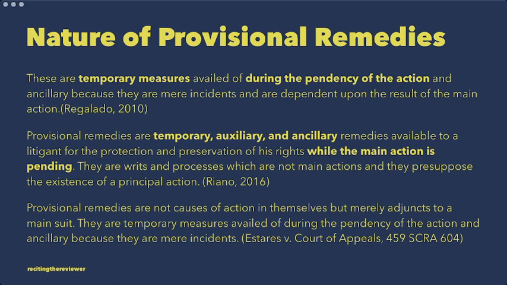In Estores versus Court of Appeals, 459-604, it is said there that provisional remedies are not causes of action in themselves, but merely adjuncts to a main suit. They are temporary measures availed of during the pendency of the action and ancillary because they are mere incidents.